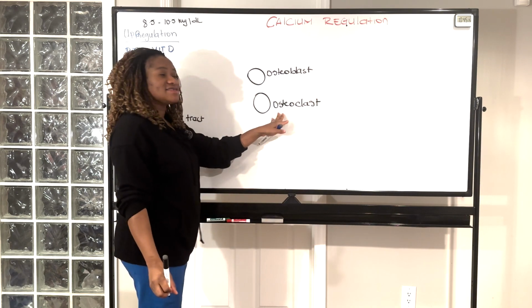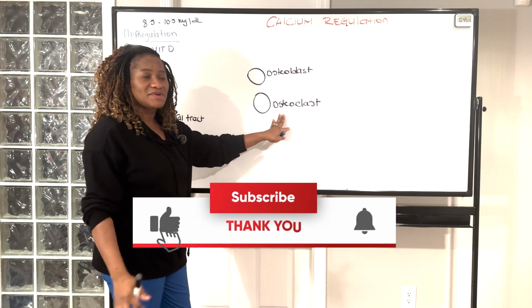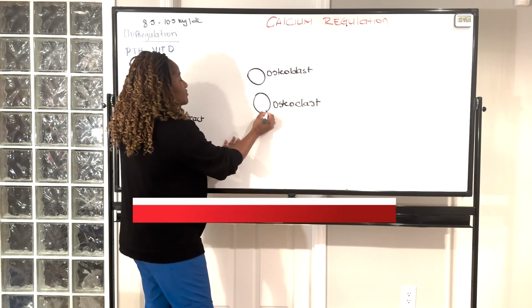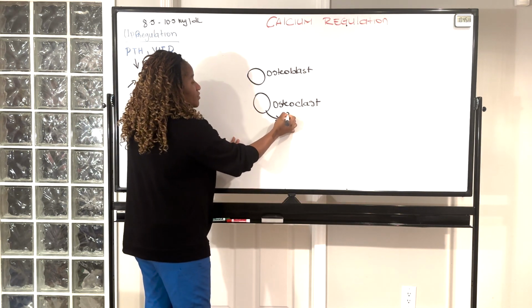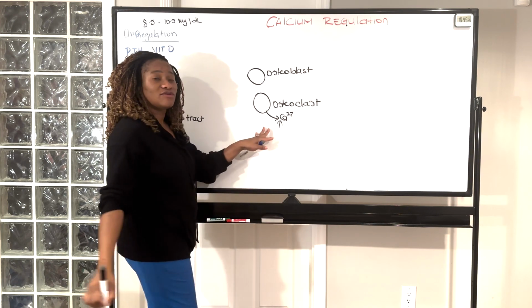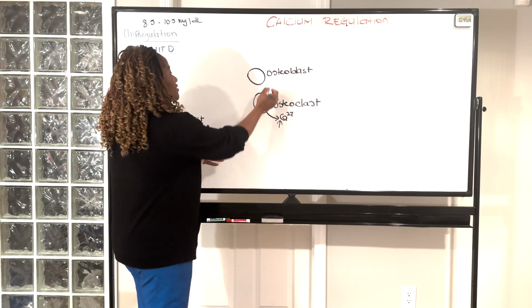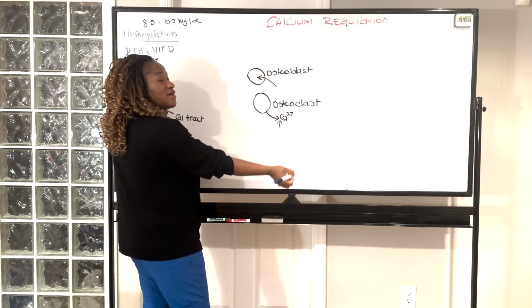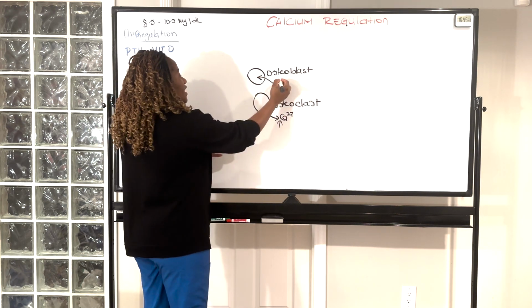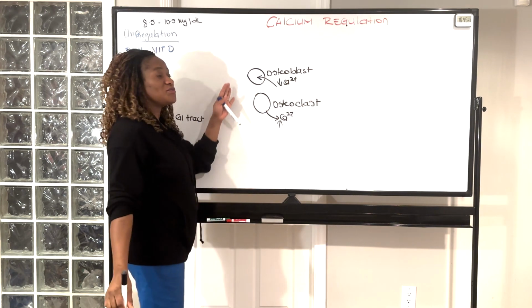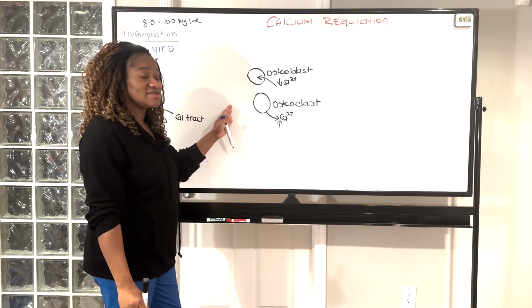When these cells break down the bones, because the majority of the bone is made of calcium, they're going to release calcium into the blood, increasing our level of calcium. But when these cells make up the bone, they're going to pick up the calcium from the blood and decrease the calcium level. So it's important that we understand the function of these cells.